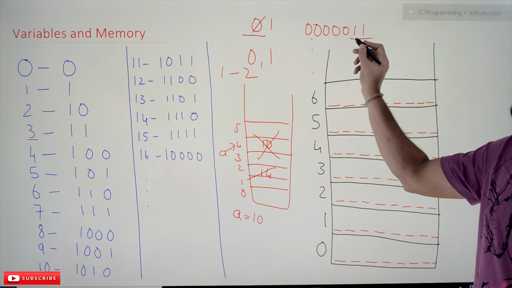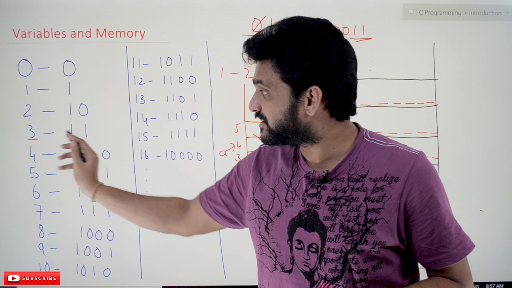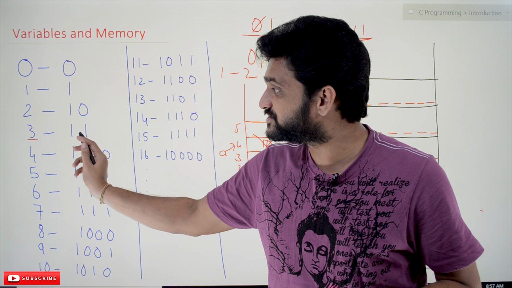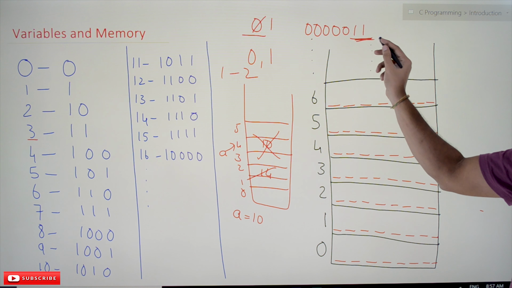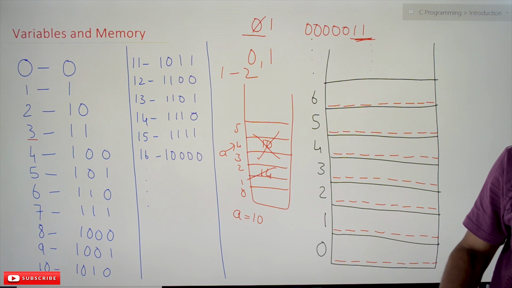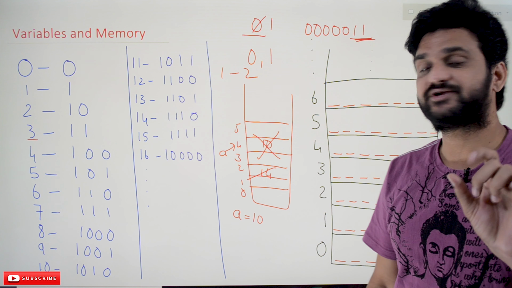The decimal representation of 11 is 3, and if you add as many zeros to the right, the value does not change. This is a point you have to remember.